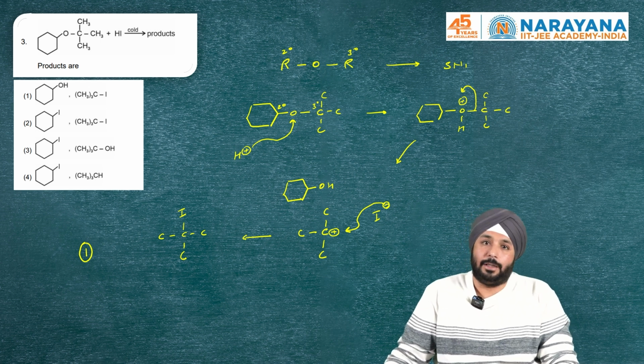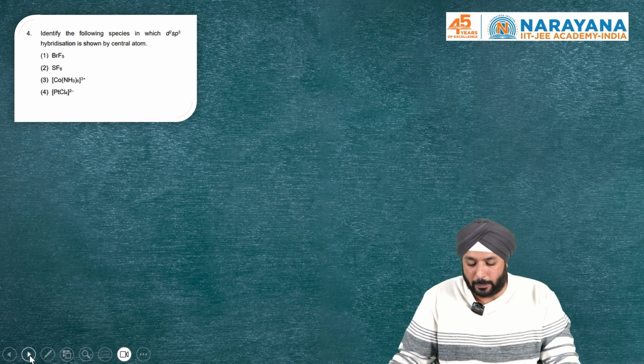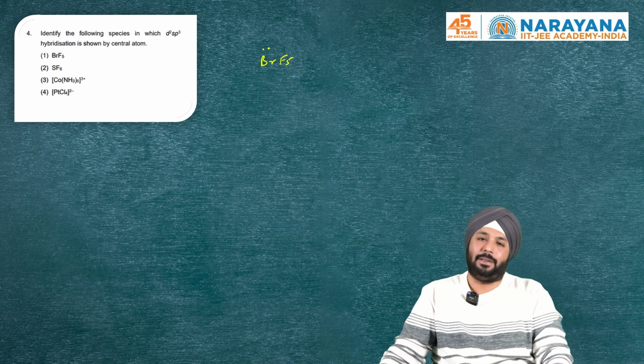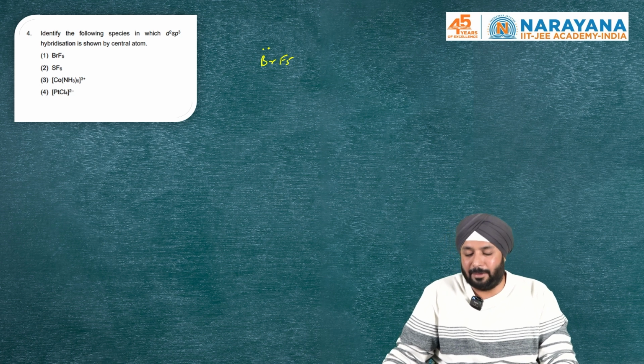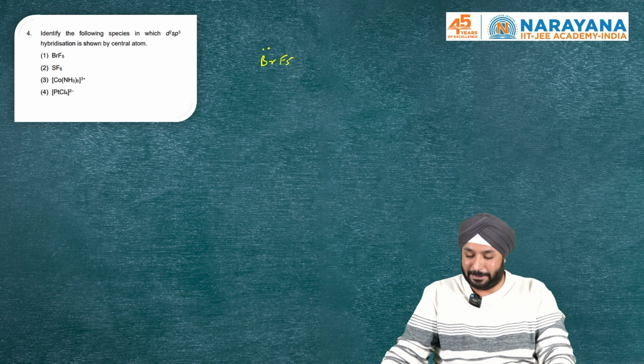Hope every one of you understood this question nicely. We'll move to another question. The next question: identify the species in which d2sp3 hybridization is shown by the central atom. Now BrF5. Actually, for a student, it is very simple to understand that the coordination compound exists as d2sp3, while normal molecules will use outer d orbital for the hybridization, right?